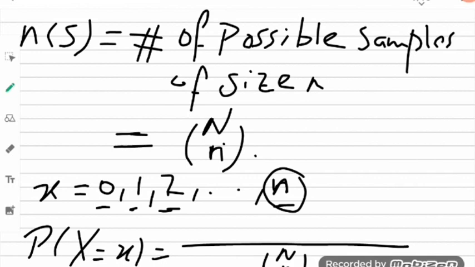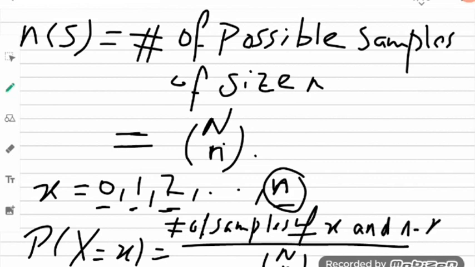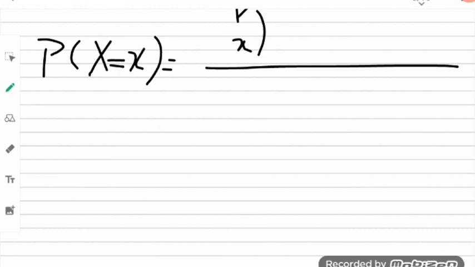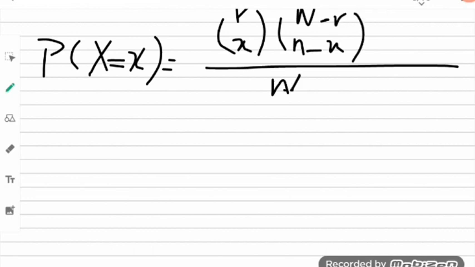The numerator will be the possible number of samples with x successes and n minus x failures. This can be computed simply as selecting x items from the total number of successes in the population and selecting the number of failures, which is n minus x, from the total number of failures in the population, divided by N choose n.